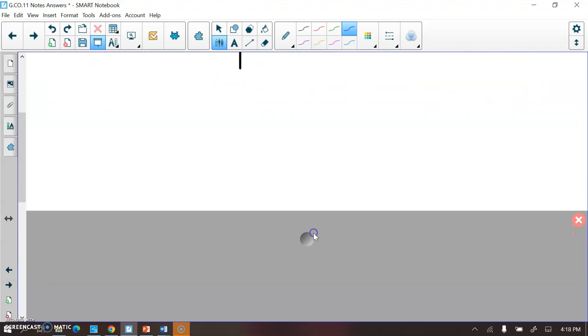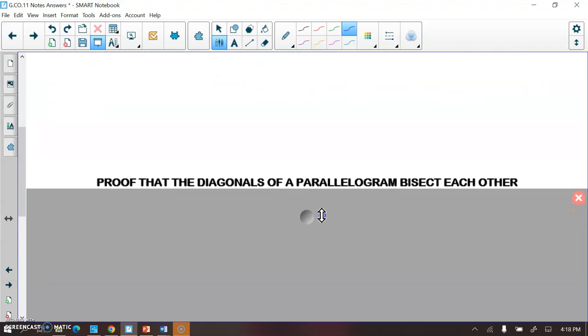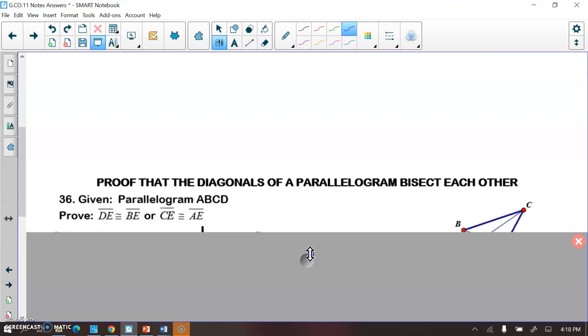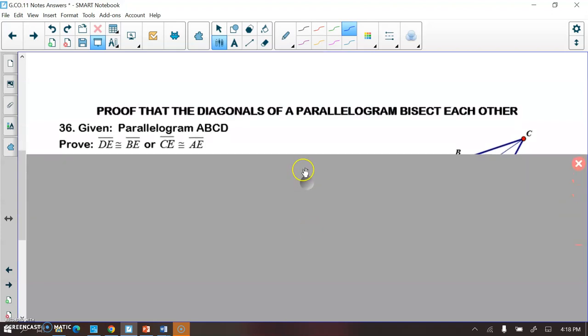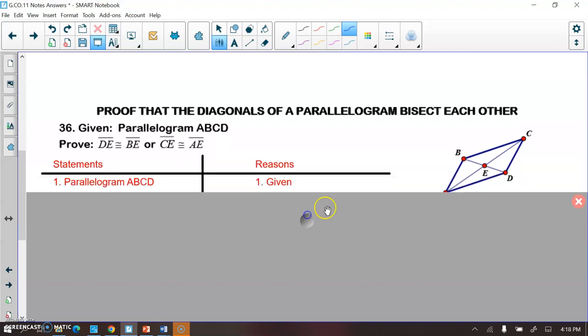All right, and moving on to our last proof of the video, we're going to prove that the diagonals of a parallelogram bisect each other. Now this is probably the most challenging one. I'm going to show you how to do DE congruent to BE. And so we're given parallelogram ABCD.